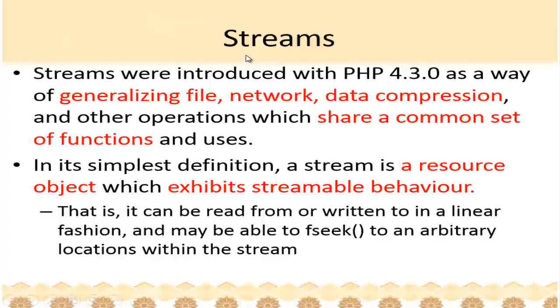If I am able to get something in the form of a continuous flow, it is considered to be a stream. So stream is a generalized way of reading from a file or from a network, or even if you are compressing and then sending it out, that is also called a stream. It's a common functionality that is being provided. In the simplest way, stream is nothing but a resource from which you can get something out. You can take any resource for that matter.